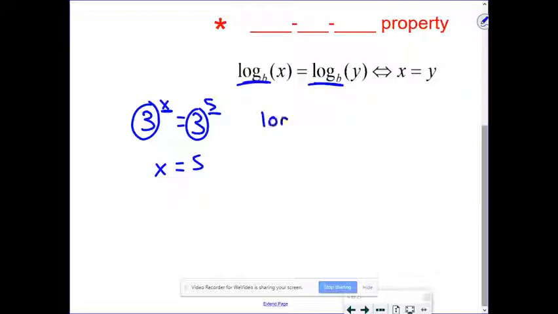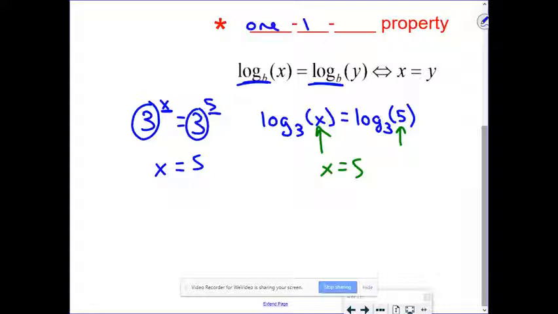So, log base 3 of x equals log base 3 of 5, let's say. What do I know now? If I have log equal to log on both sides, then the part inside has to be the same. So x has to be 5 there. That is known as our one-to-one property. And we'll see that quite a bit as we go on as well.